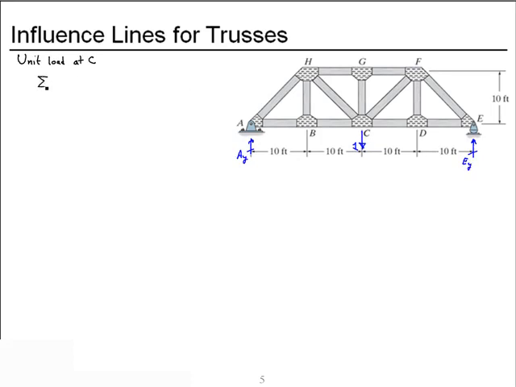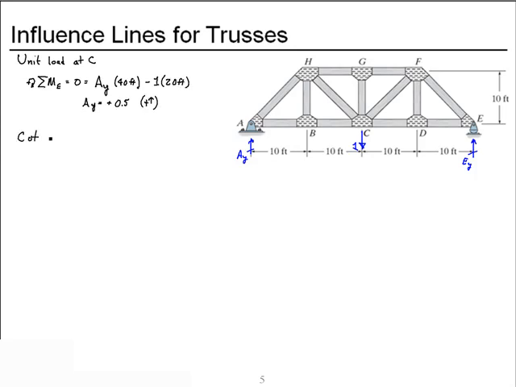Once again, we sum moments about point E, and we choose clockwise as positive so that our AY reaction acts in a positive direction through 40 feet. Our unit force acts in a negative direction through 20 feet. AY must be a positive 0.5 in the direction drawn.